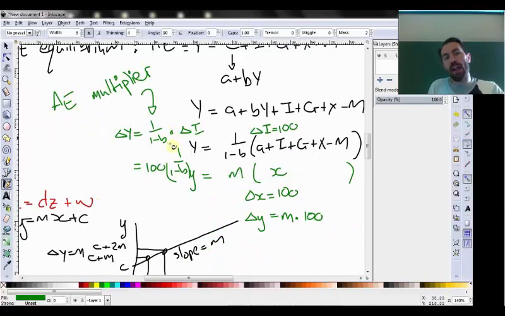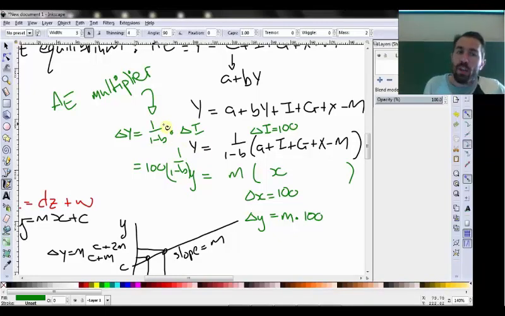What is the value of b? Is it greater than 1 or less than 1? It's less than 1. It's greater than 0, but it's less than 1. So if b is less than 1, what is 1 minus b? Greater than 1 or less than 1? It's also going to be less than 1.